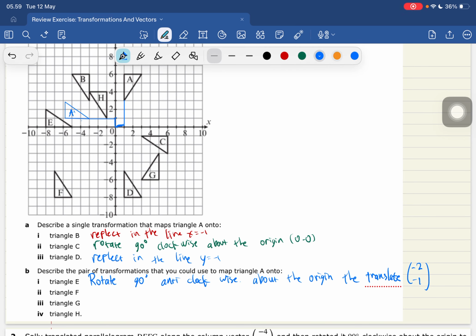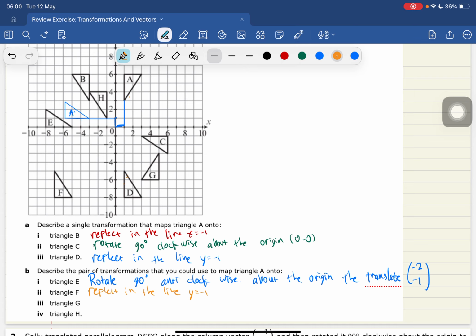Okay, A to F. What can you see from here? They are mirroring. So we can count it. Like D, here, like D, so we can reflect in the line y equal to -1.